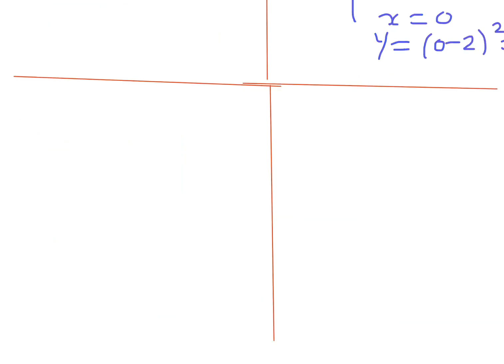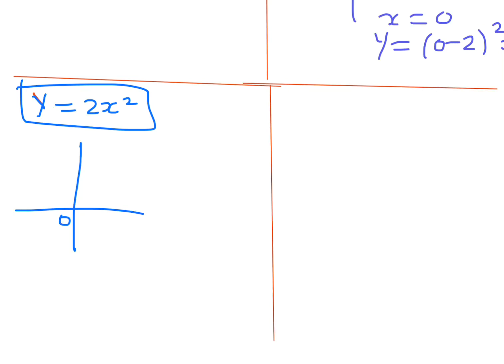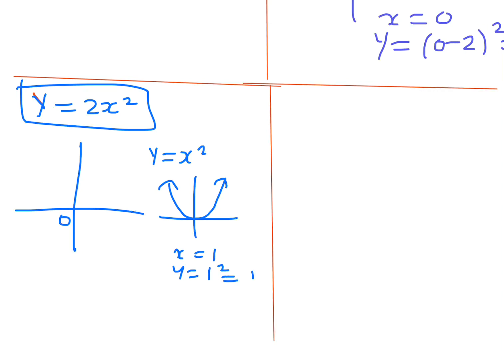And just a couple of other concepts. If you put a number in front of the x squared, like y equals 2x squared, the effect of that is that the y value is going to go up twice as fast. Normally with y equals x squared, when you put in x equals 1, y equals 1 squared, which is 1.